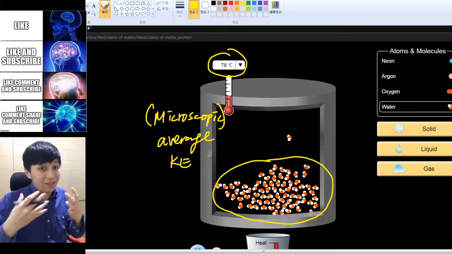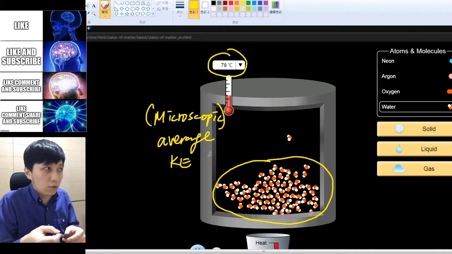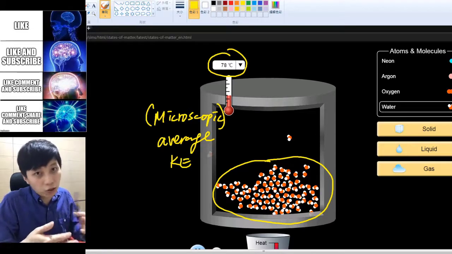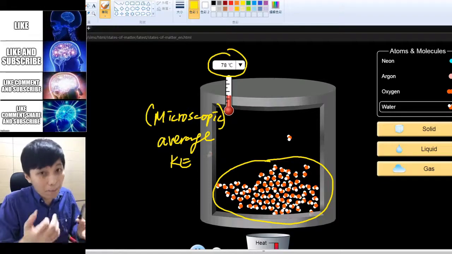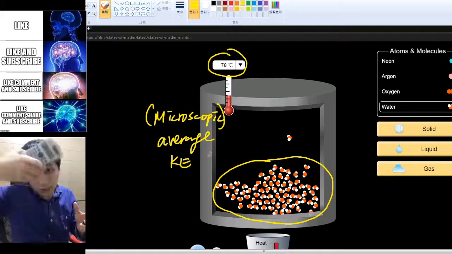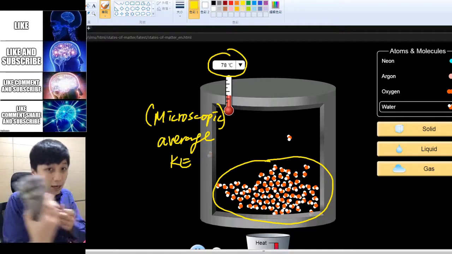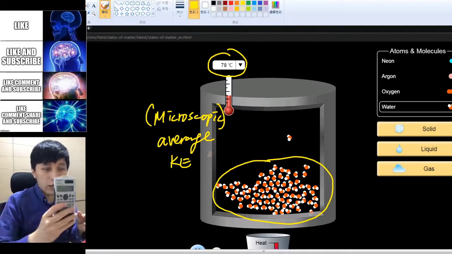Macroscopic means what you can see with your eye. So earlier when we were learning about energy, when we studied work done, GPE, and also KE, that KE is talking about macroscopic. So it's literally, for example, my calculator is now moving. Okay, so that is the macroscopic KE. They as a whole move together.